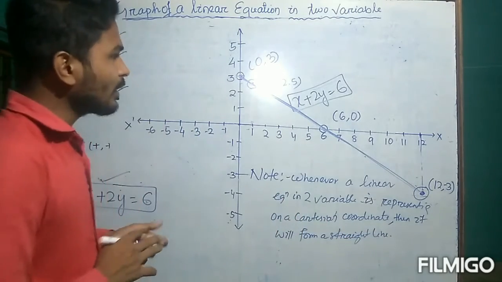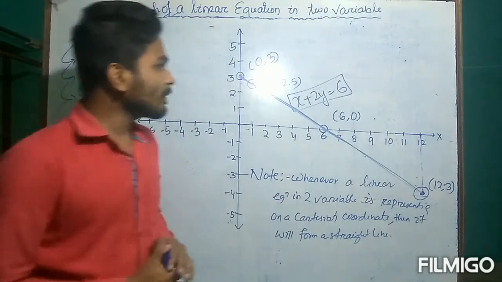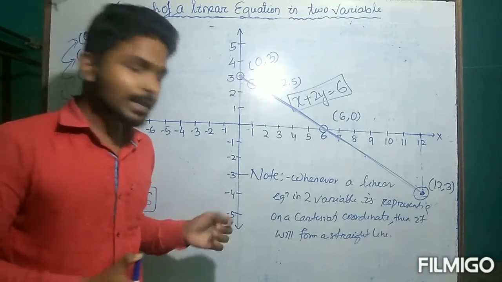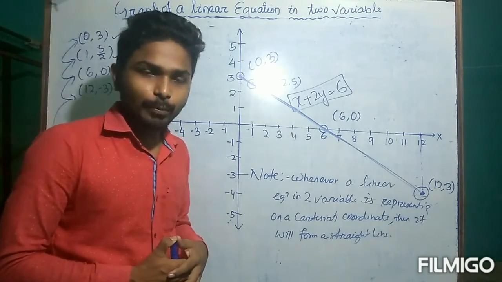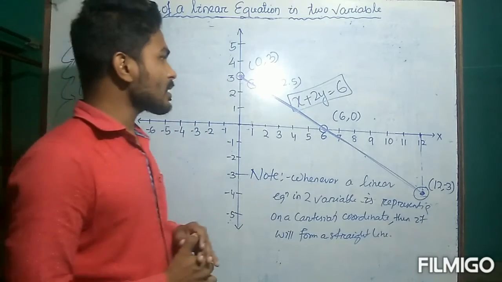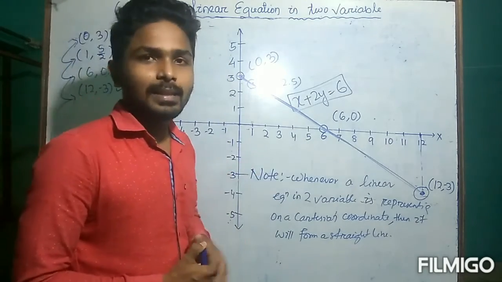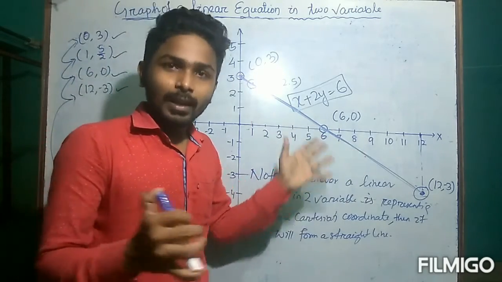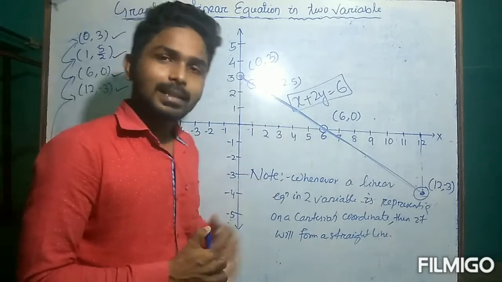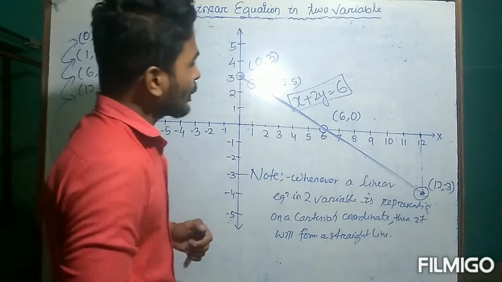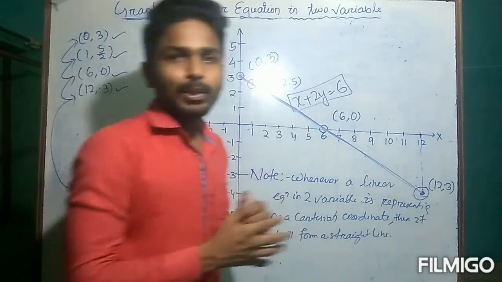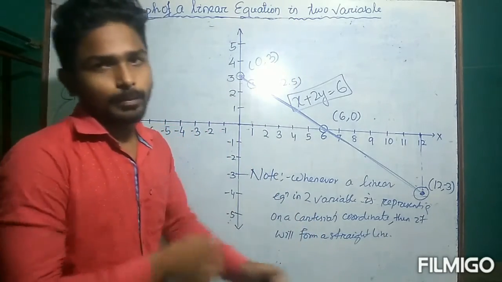Okay, now understood? So we got that whenever we represent a linear equation in two variables in its graphical form in a Cartesian coordinate system, and when we join all those points, all those points will combine together to form a straight line. Clear? So this is the conversion of a linear equation into its graphical form.